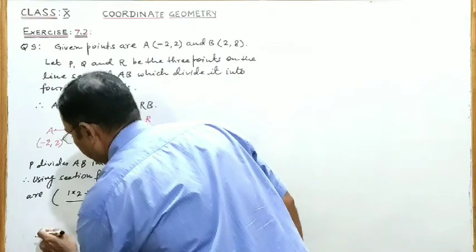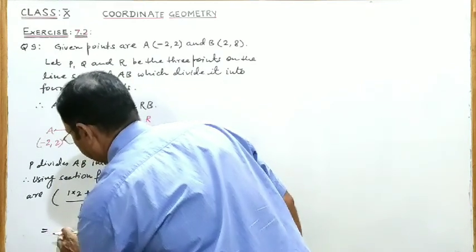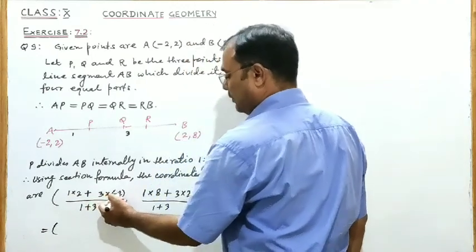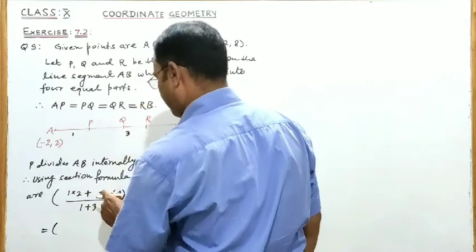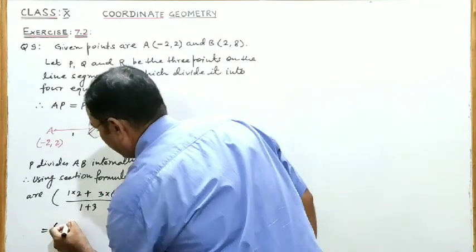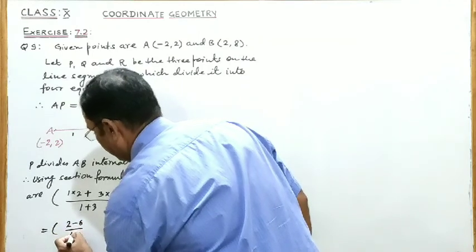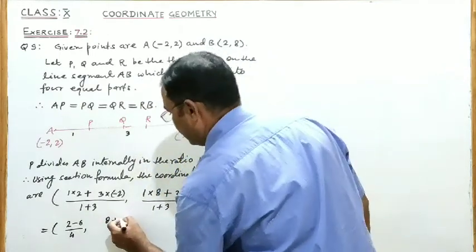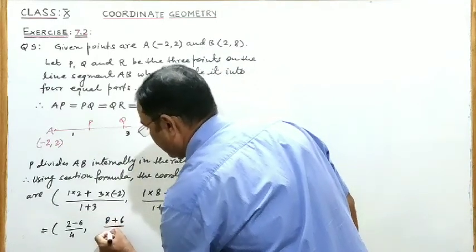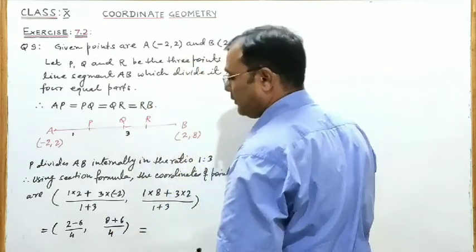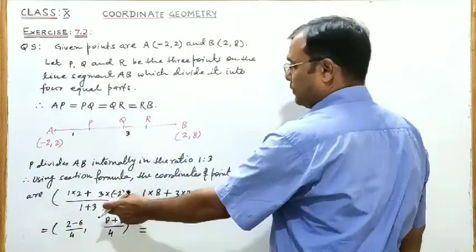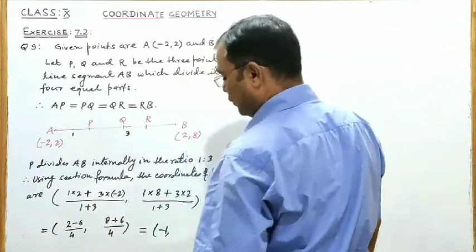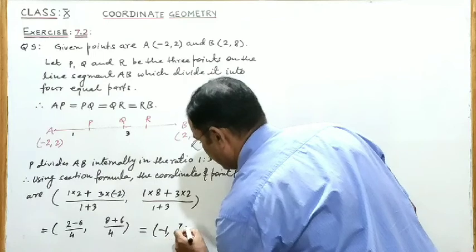This is equal to (2 minus 6) by 4, (8 plus 6) by 4, equal to minus 4 by 4, which is minus 1, and 14 by 4, so 7 by 2.